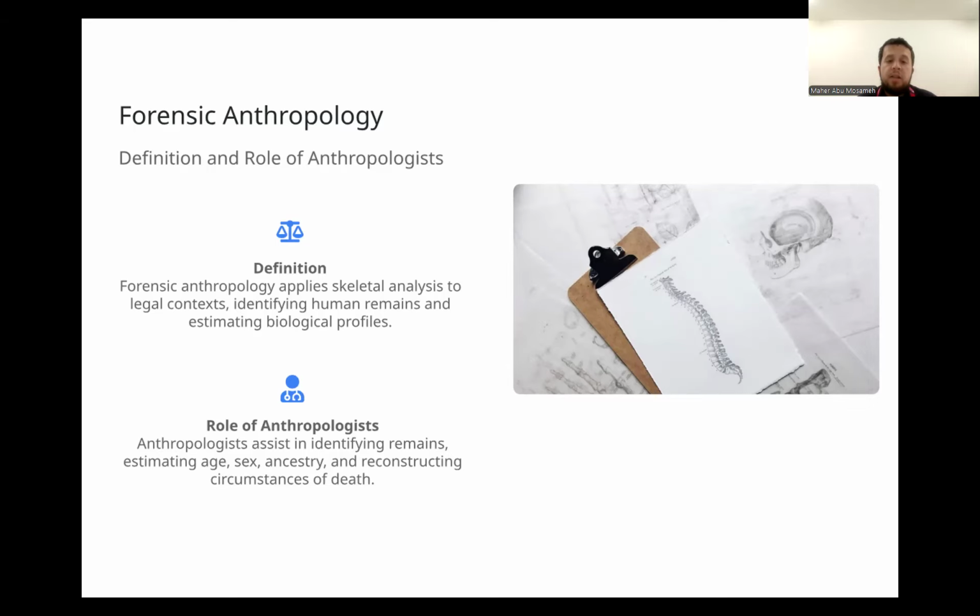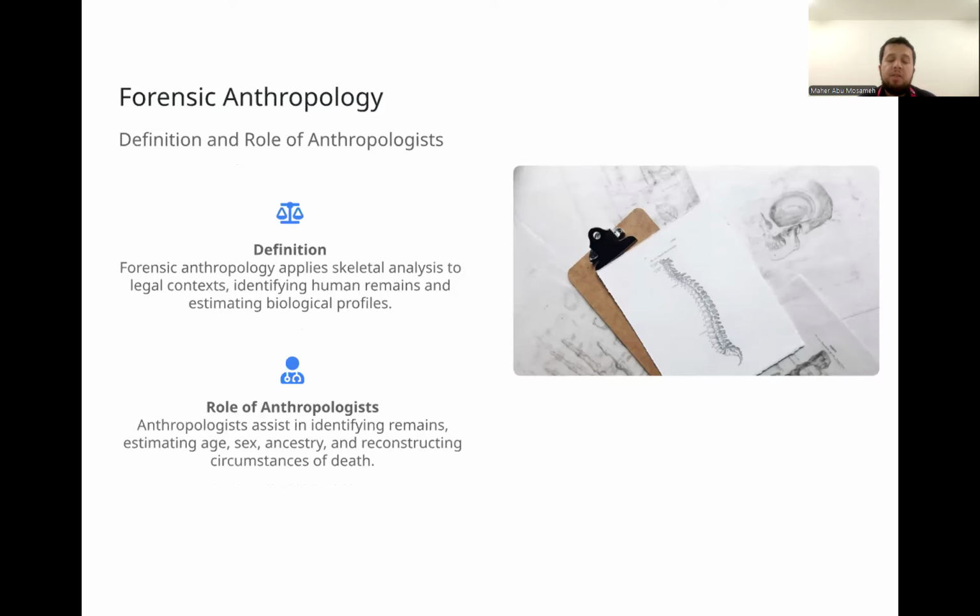Anthropologists assist in the identification of these remains, as I mentioned, for age, sex, and ancestry, as well as to reconstruct the circumstances of death, the reason, and the time of death.